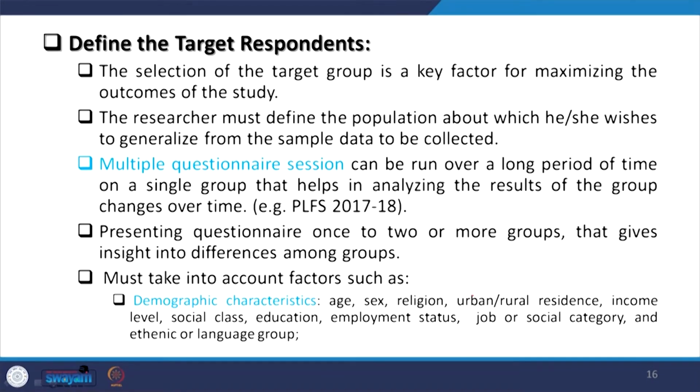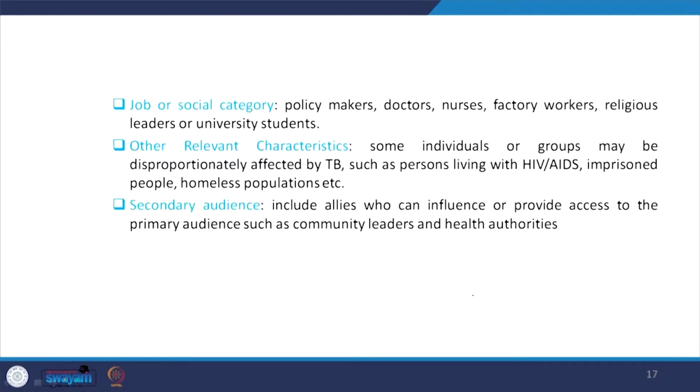It must take into account factors such as demographic characteristics like age, sex, religion, income, residence of the person, social status, class, caste, education, employment status, job and ethnic or language group, etc.